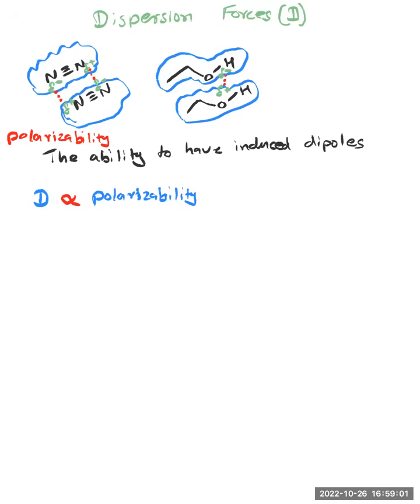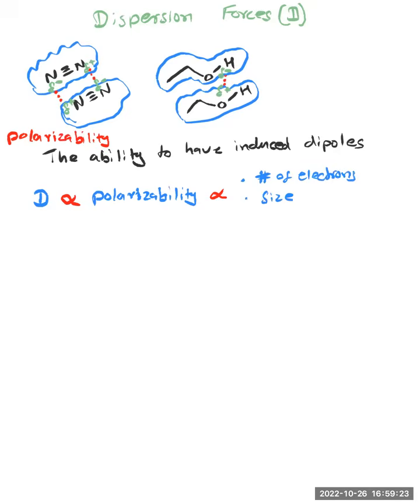This is what it means. And there are two factors that determine the polarizability, and those two factors are: one, the number of electrons, and then the size.